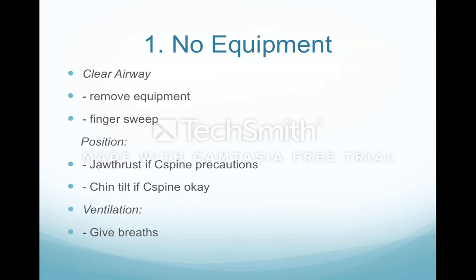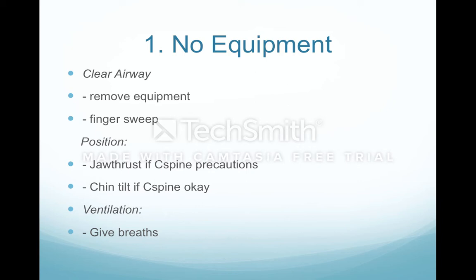So the first way I'd like you to think about the scenario is if you had no equipment. So you're on the side of the field and you see a player get into a collision and they're grasping at their airway in terms of a choking sign, and you don't have any equipment.